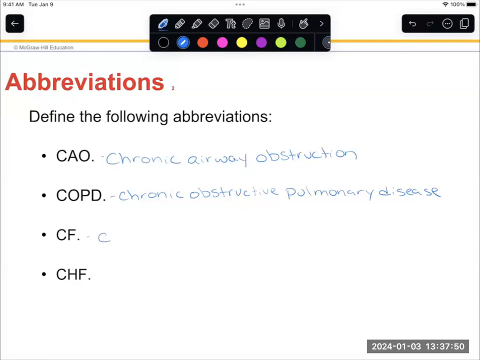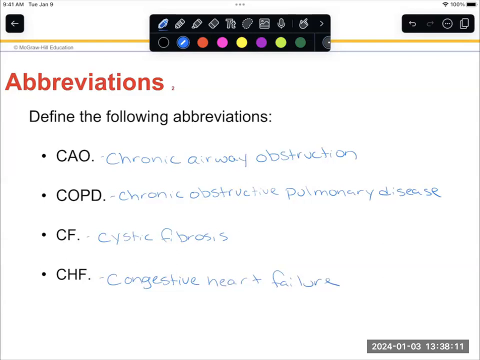CF is for cystic fibrosis, and CHF is congestive heart failure.